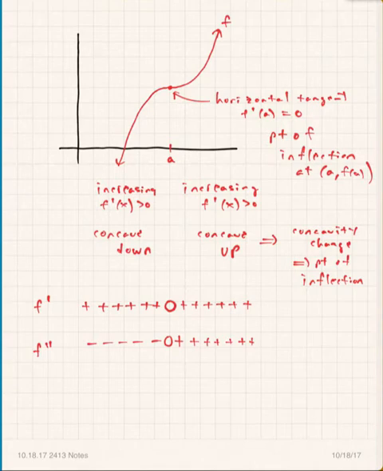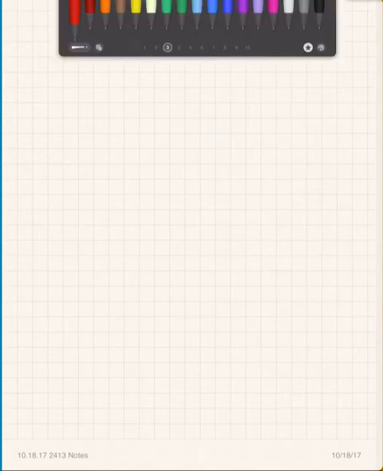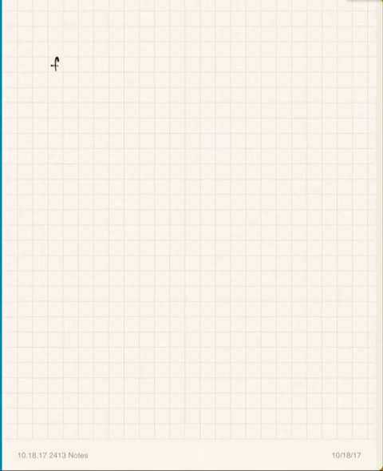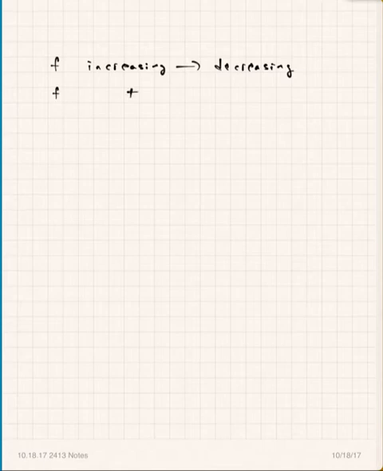So let's summarize some of that information here. We've gone through those pictures. So if f goes from increasing and then it changes to decreasing, then the derivative is going from positive to negative. That's the derivative function, it's changing from positive to negative. And you get a relative maximum when that happens.